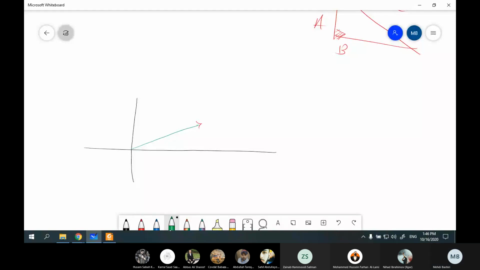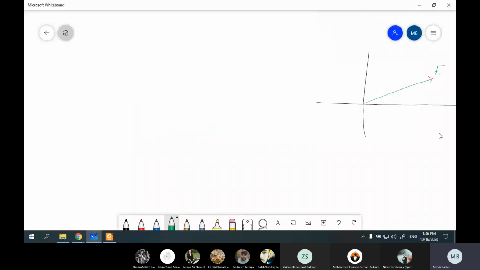F1. This is a force, or let me make this a real example. Suppose that you have a bolt like this. Okay, this is a bolt.